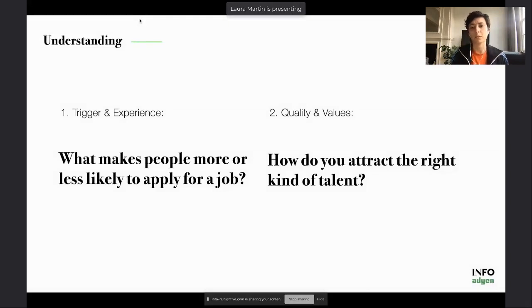So, for example, when we were planning the research, the discovery phase, it was important for us to balance the amount of information and understanding that we had from the applicants' and people's point of view, because it was interesting to understand their triggers, their experiences, their motivation, but it was also important to understand the company, the culture, the values, and how they would really like to position themselves in that conversation that I mentioned before.